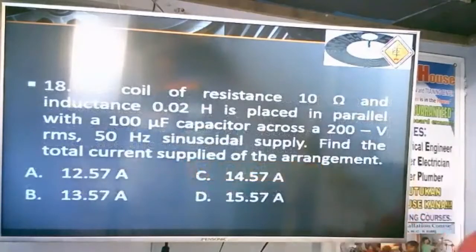Okay, number 18. A coil of resistance 10 ohms and inductance 0.02 Henry is placed in parallel with a 100 microfarad capacitor. Again, there is a coil in parallel with a capacitor.